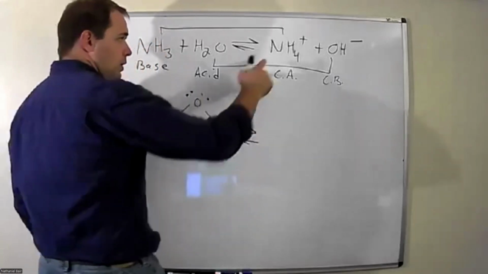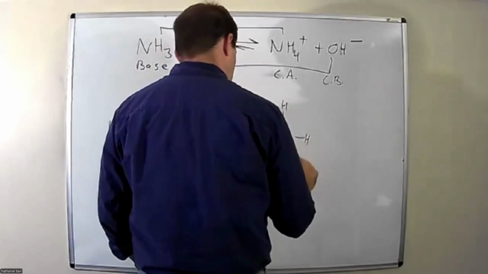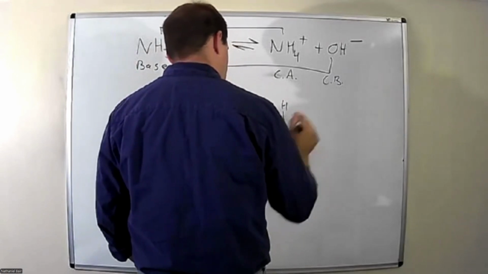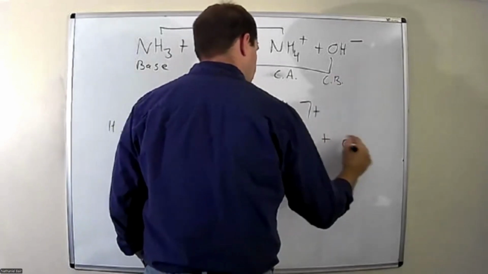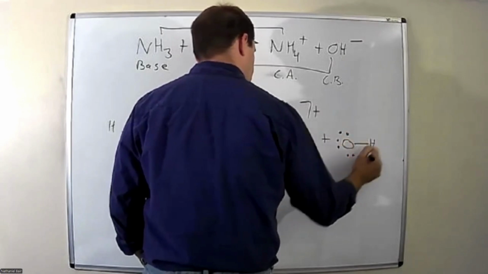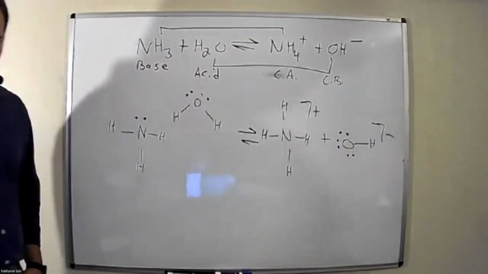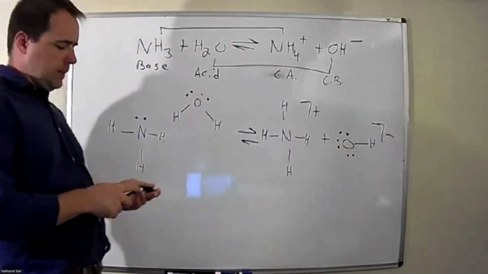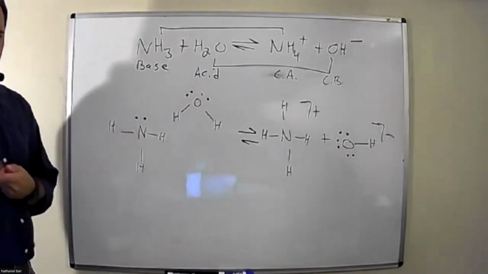And it's going to go to NH4 plus. So we're going to draw that Lewis structure. And OH minus. We'll draw that Lewis structure. And now I want to talk about what must have happened in this reaction. How did these guys react?